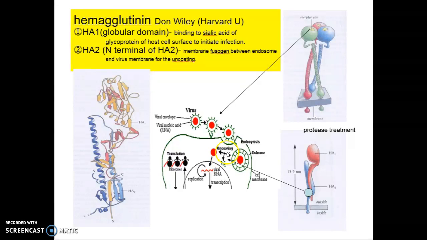Uncoating is critical in releasing the virus itself containing the genome into the cytoplasm from the initial entry structure called the endosome, by disrupting the membranes, exactly making fusion of two layers of membrane.